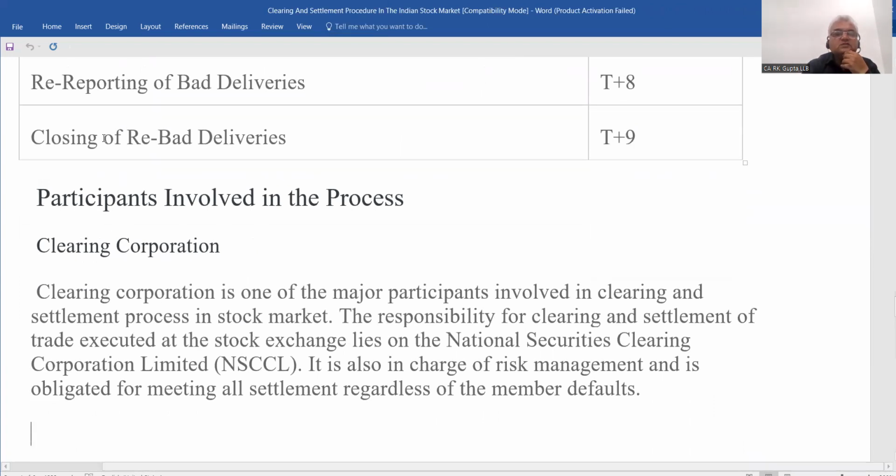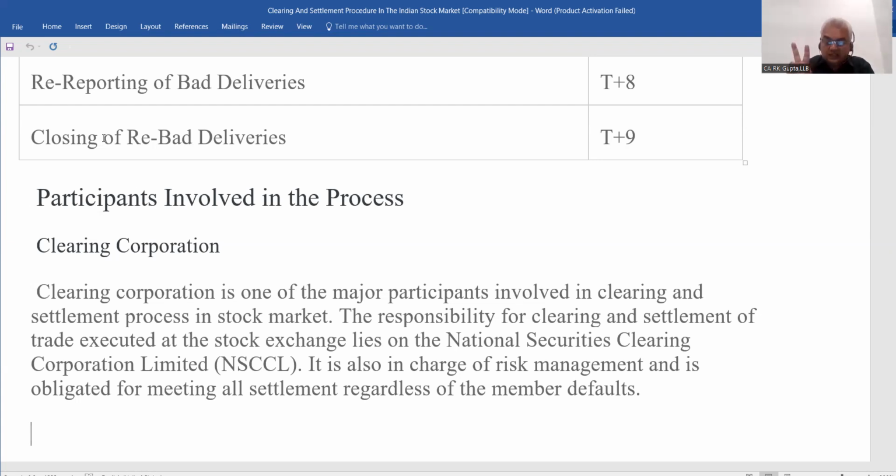Can anybody tell me what is the difference between clearing corporation and clearing bank? But there is a difference between clearing corporation and clearing bank. What is the difference? Because if you go to page number 51 of the study material, it says clearing banks act as an important intermediary between a clearing member and the clearing corporation.